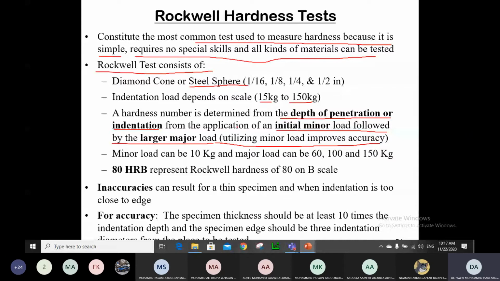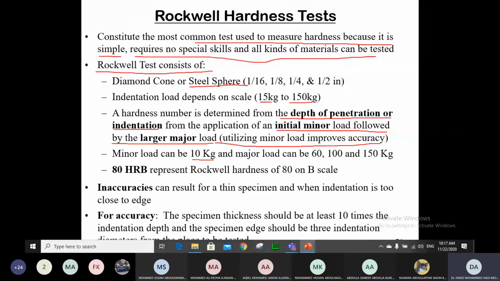In addition, the machine automatically applies an initial minor load, and after that it applies the major load, the real load used to do the indentation. This improves the accuracy of the measurement.